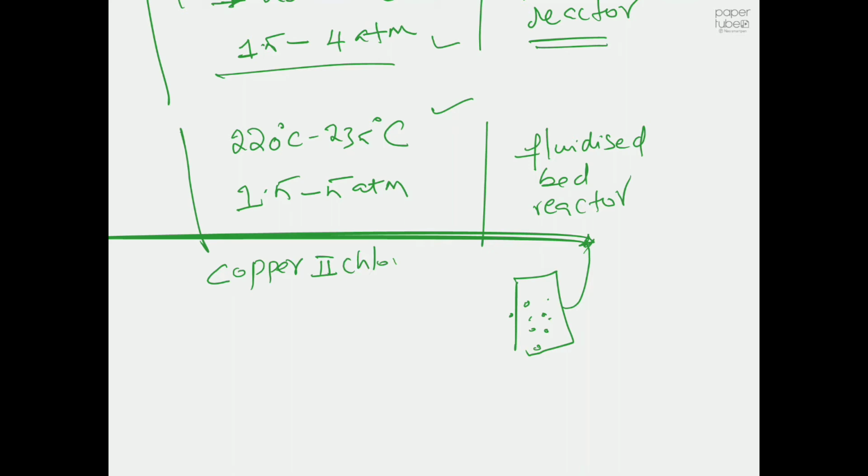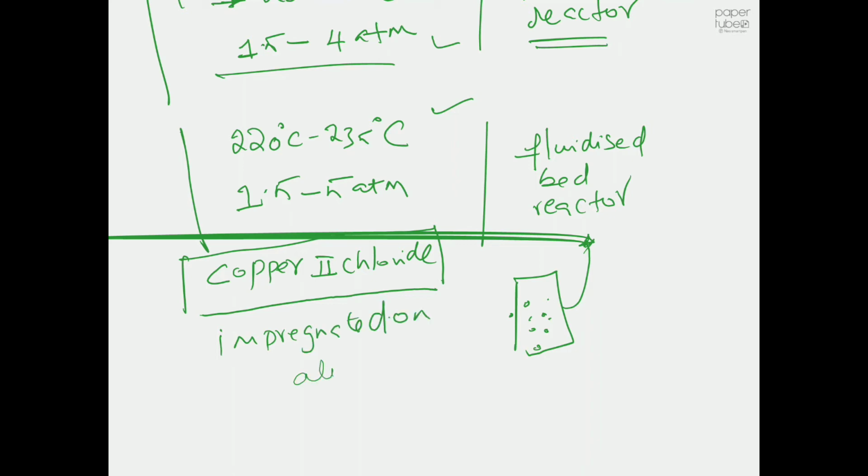So that's the catalyst they use, copper 2 chloride, normally impregnated onto alumina particles, and typically the catalyst loading will be roughly 4 to 5 weight percentage.